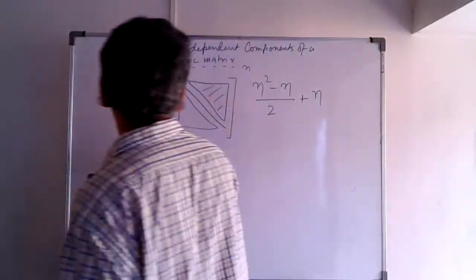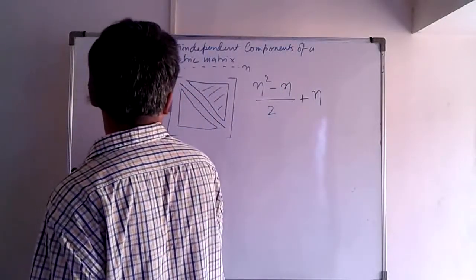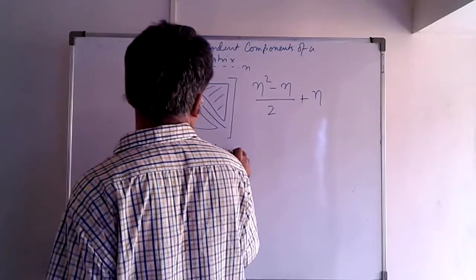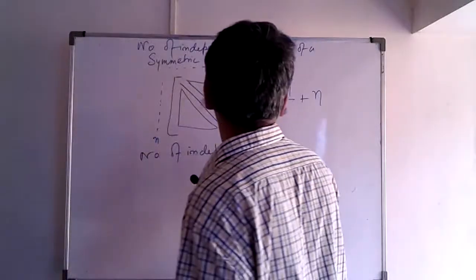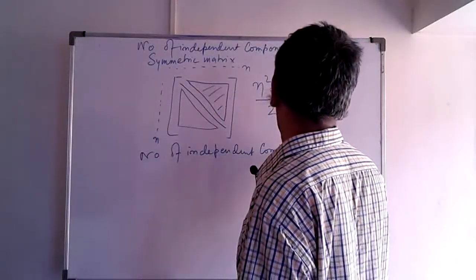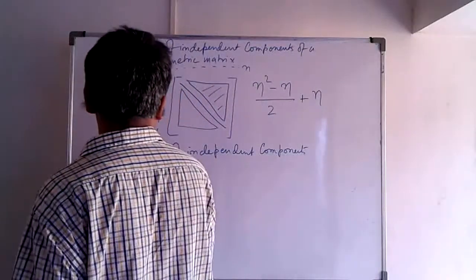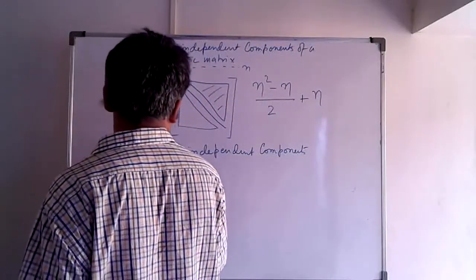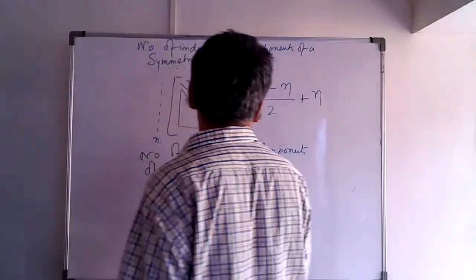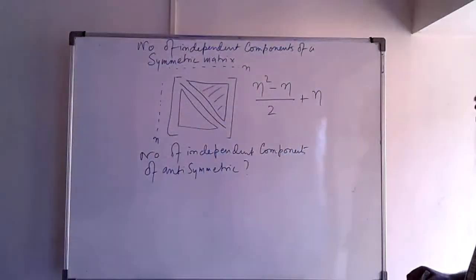And the number of independent components of an antisymmetric matrix, how much?